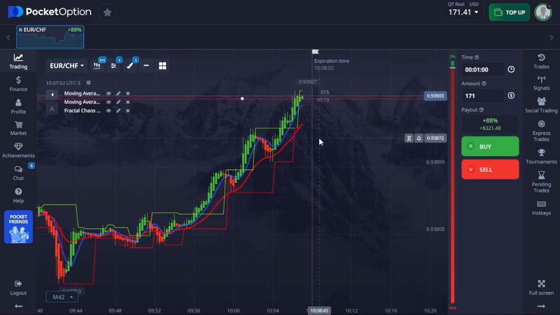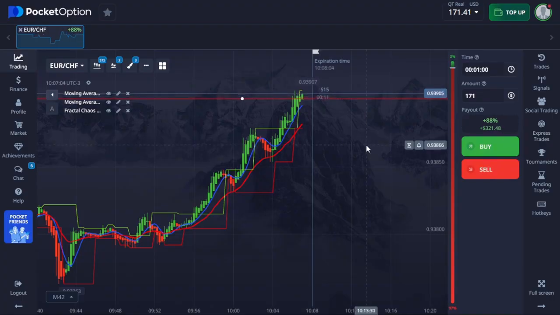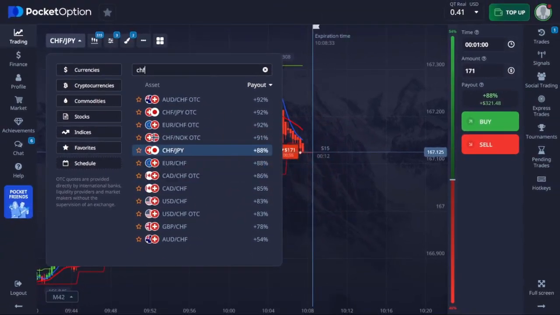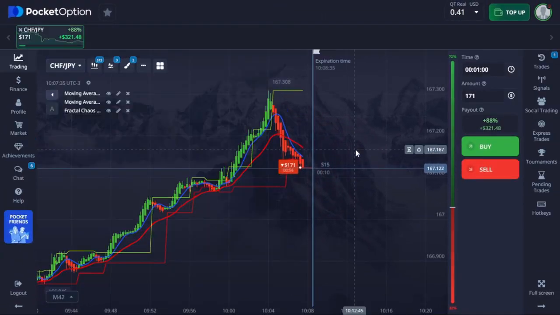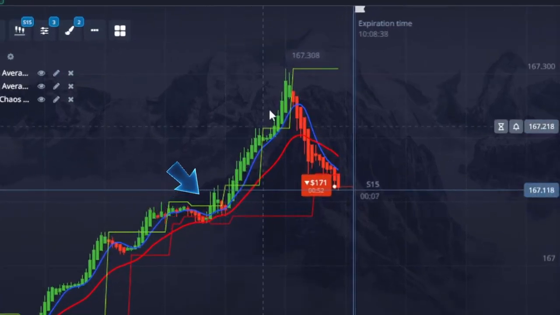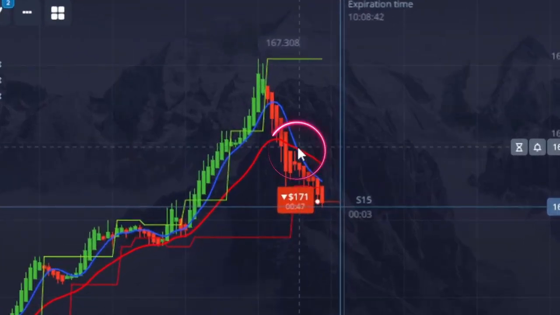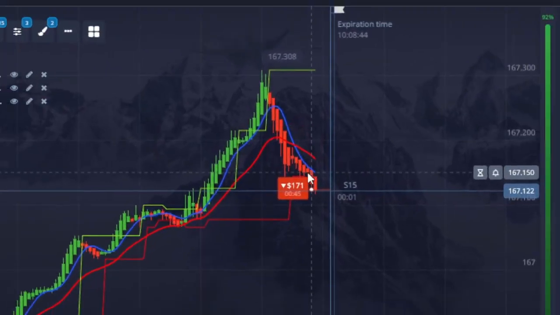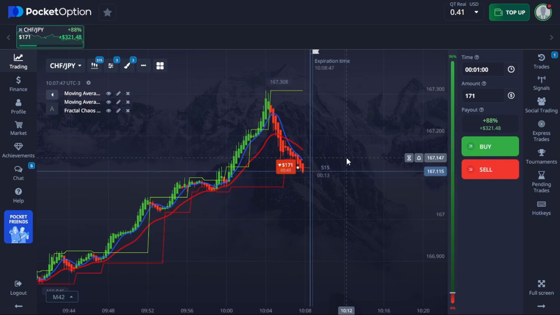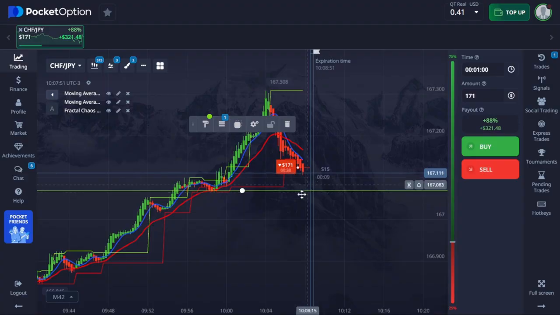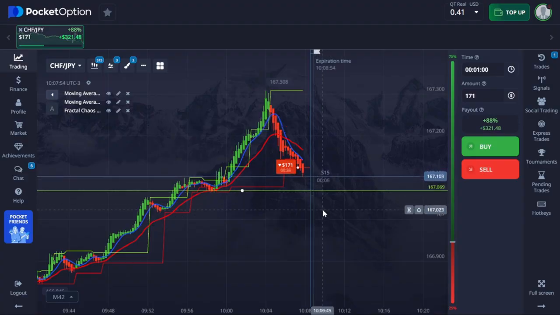$171. That's my whole bankroll. Let's wait for that. And look at this, guys, we perform another entry, this time with the sell button. And look at all the points as I said for you. At this position, the strategy signals downwards, with the moving average and Chaos breakouts aligning with bearish momentum.